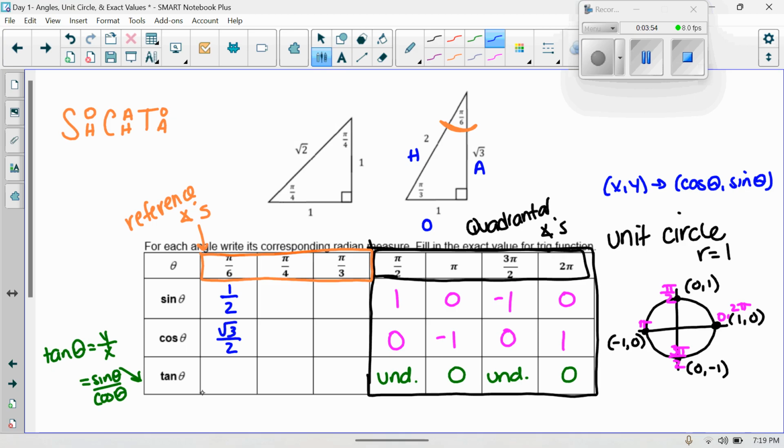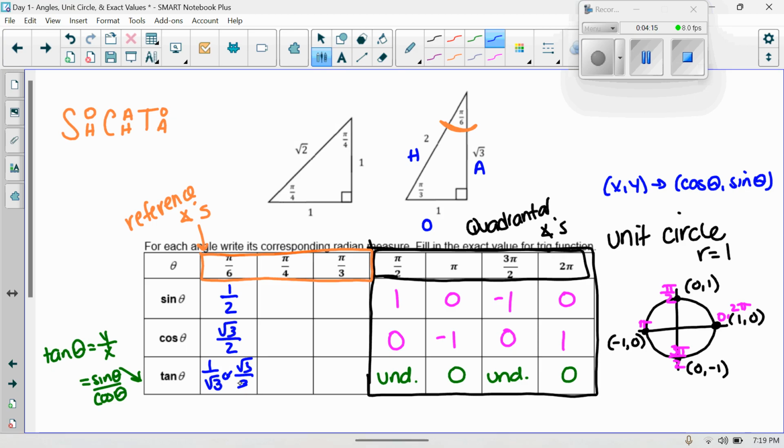And tangent is opposite over adjacent, which is 1 over radical 3, or you will see it more commonly referred to as radical 3 over 3, because that's its rationalized form. We do not need to rationalize, but you will typically see it written as rad 3 over 3.